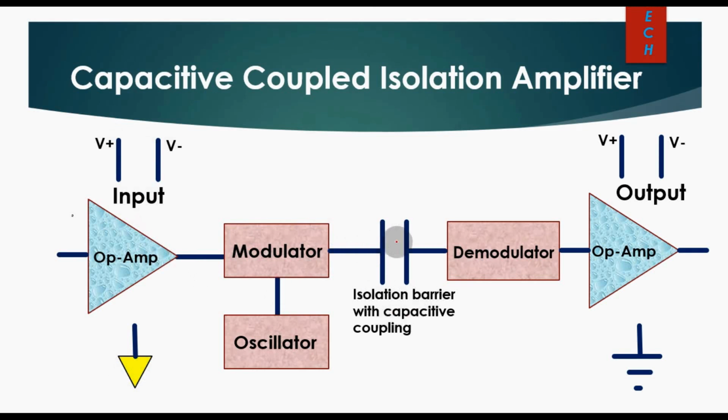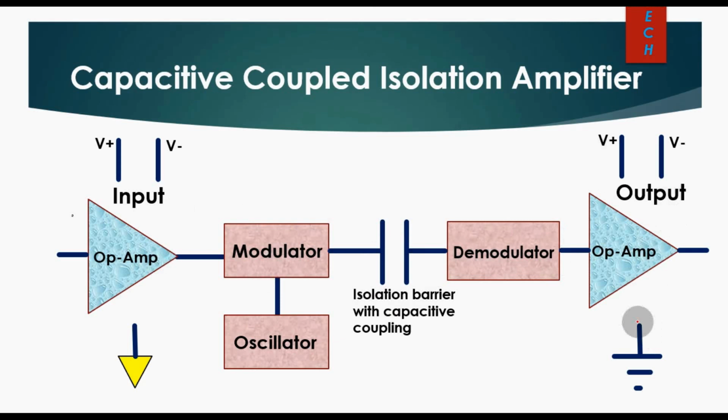So this is basically a low value capacitor which is connected between input stage and output stage, right? Then we have demodulator. Okay, then we have again operational amplifier. You can see here the power supply, power rail, and ground for input stage and output stage is different.